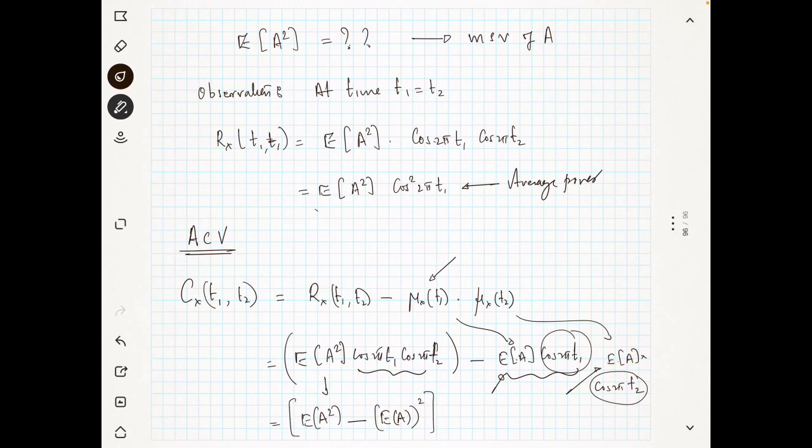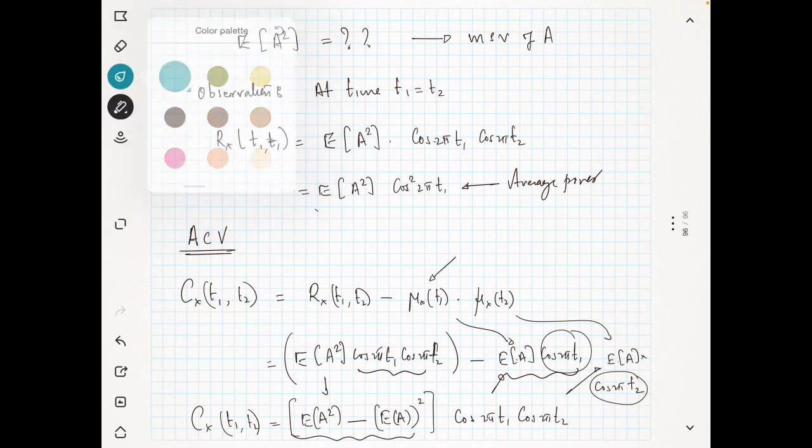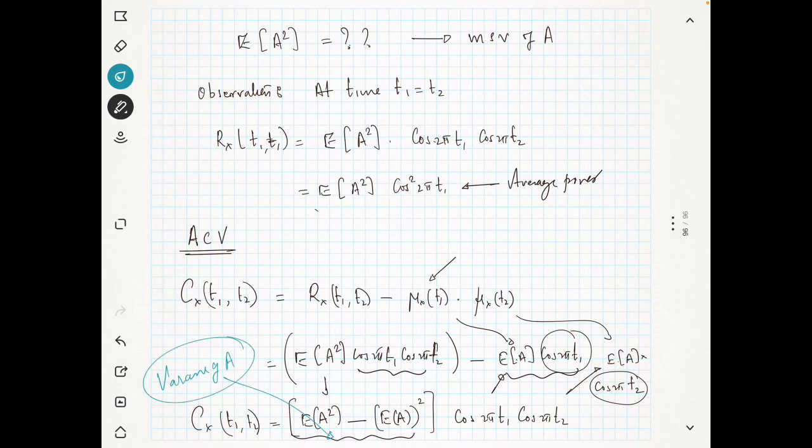So expected value of A square minus expected value of A the whole square, multiplied with cosine of 2 pi t1 into cosine of 2 pi t2. So this is nothing but your covariance. But what is this? This is nothing but the variance of A. Am I correct? So if you know the variance of A and multiply it with cosine of 2 pi t1 into cosine of 2 pi t2, then you are getting actually the autocovariance. Okay, I hope this part is very clear to you, right?